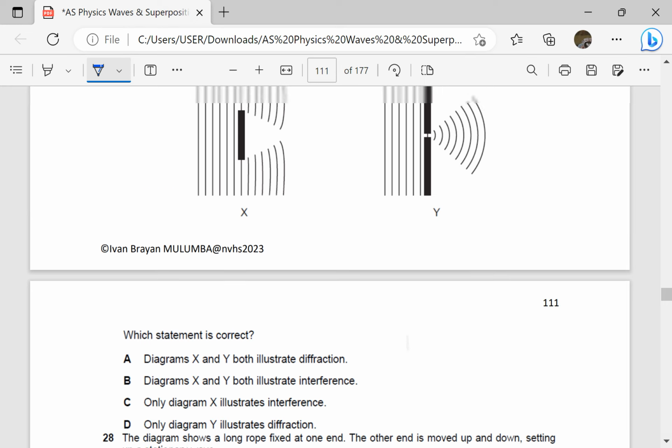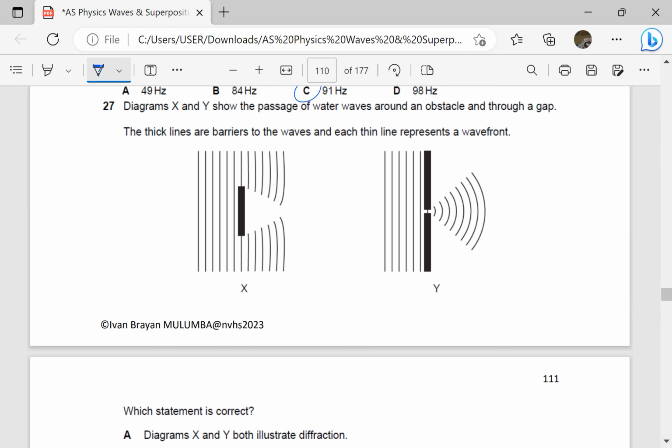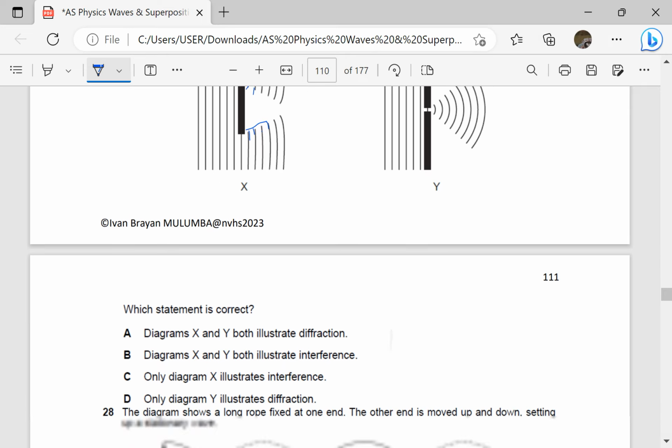Diagrams X and Y both illustrate diffraction. Of course, here we are seeing it starts undergoing spreading through regions of geometric shadow. So they are both representing diffraction.